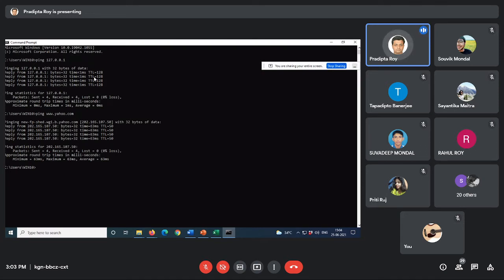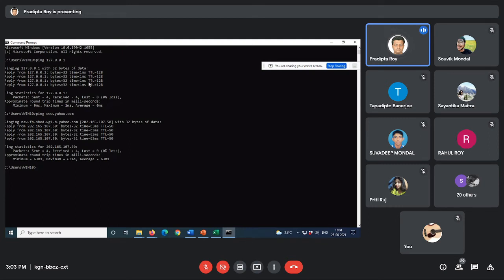So your TTL value is filled up with the highest value, that is 128. When it crosses one junction point, the TTL value is decremented by 1, so it will be 127. From this we can calculate how many hops or how many junctions there are between your machine and the Yahoo server.